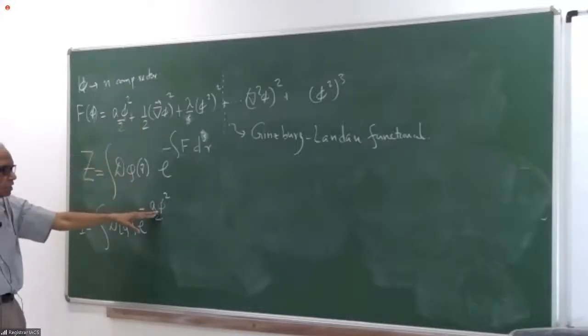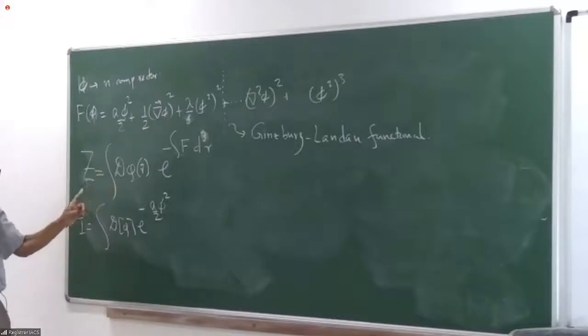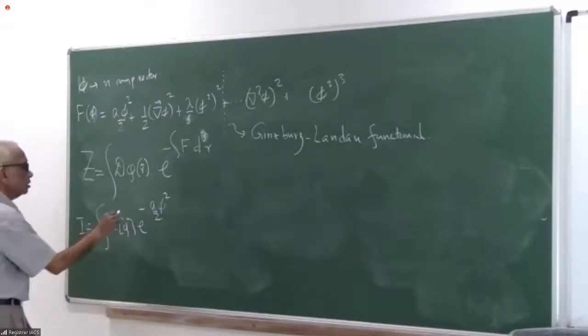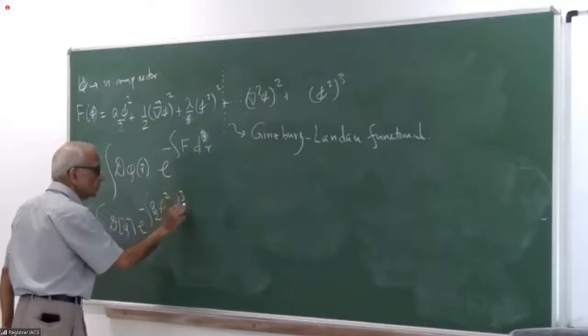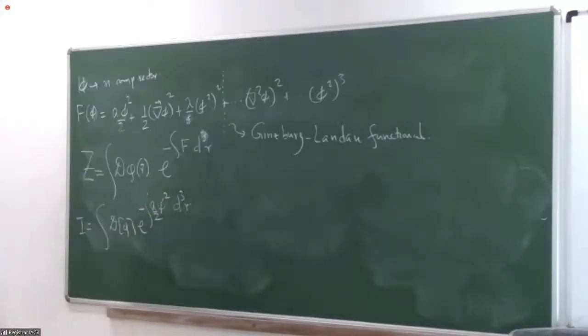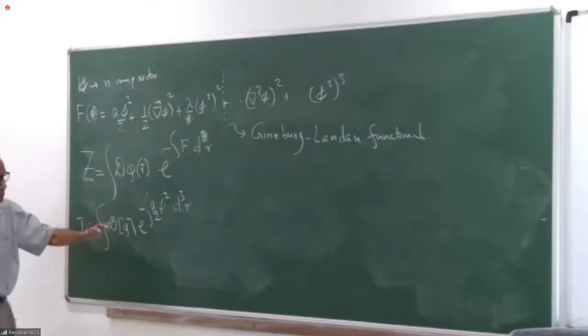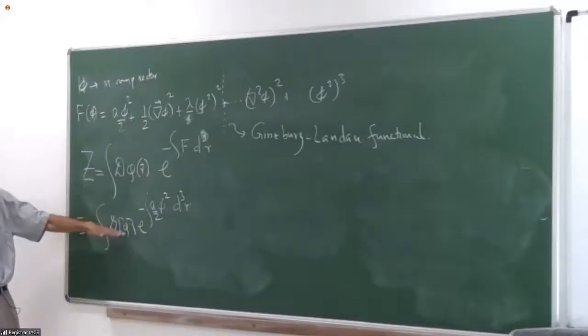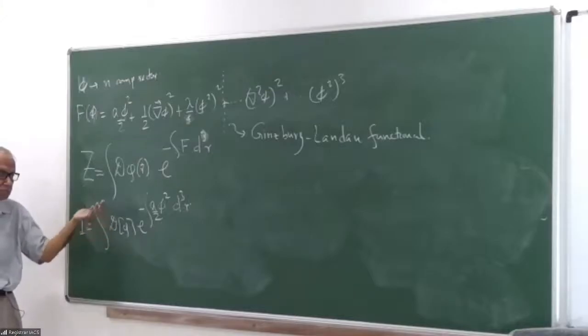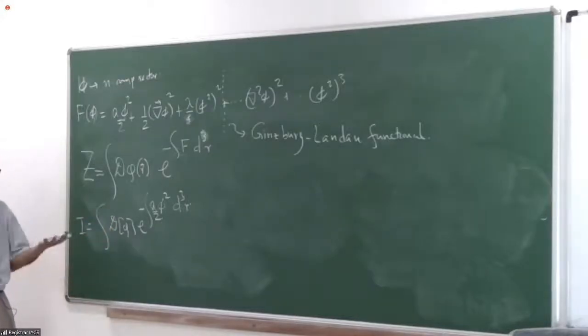from this term over here, for the reason that d³r, because the way we did it, we had to have a meaning. See, the most important part of it is that I need to have a meaning for what is meant by all functions φ.